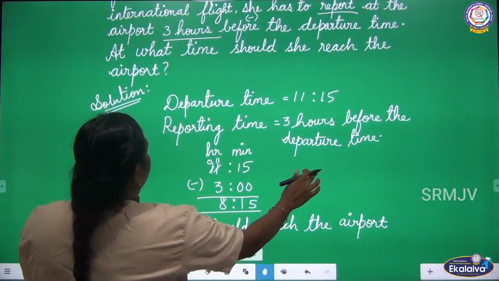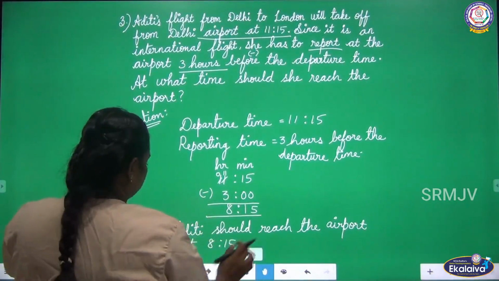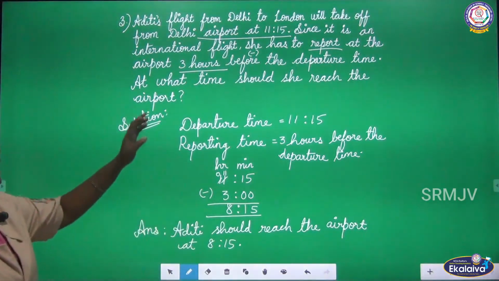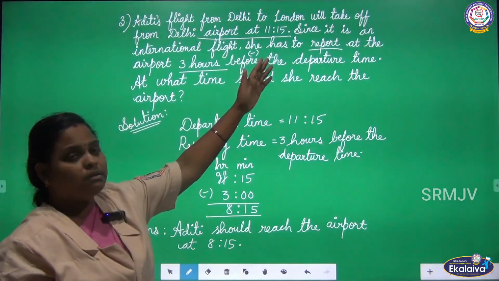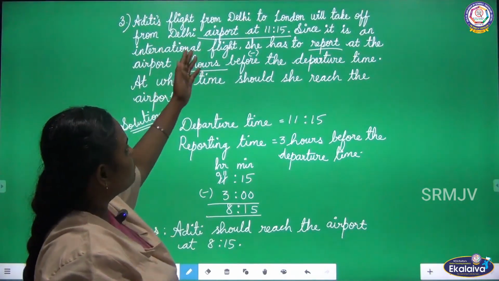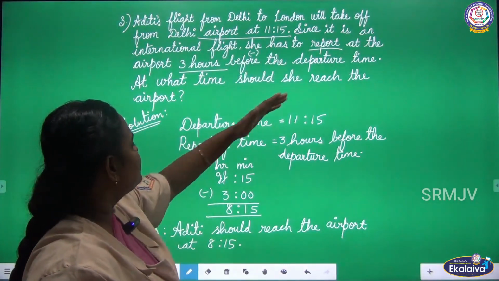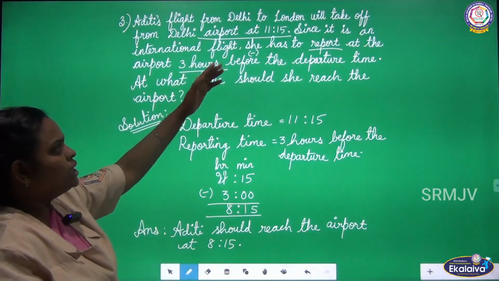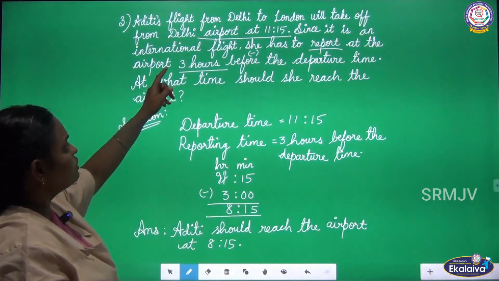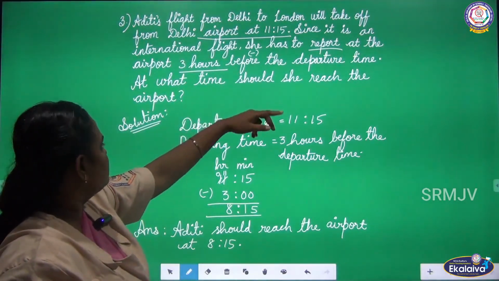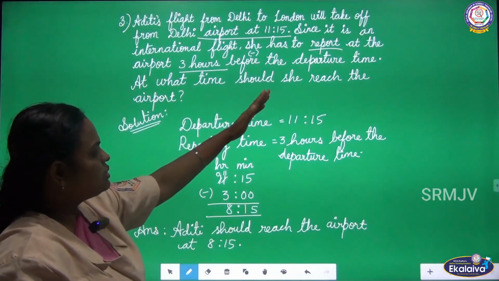So listen children, Aditi's flight from Delhi to London will take off from Delhi airport at 11:15. Since it is an international flight, she has to report at the airport 3 hours before the departure time. At what time should she reach the airport?